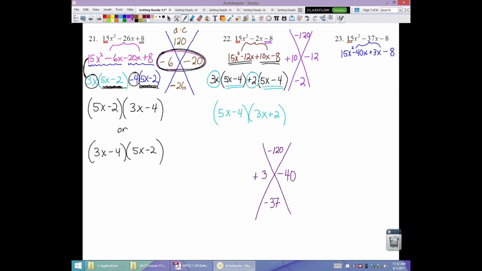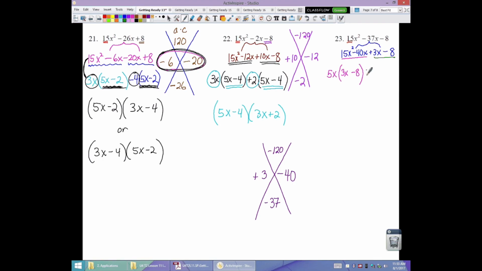What can I remove from 15x squared minus 40x? Well, both of those coefficients have a 5, or multiples of 5, and they each have an x. So 5x times something is 15x squared. That's 3x minus 8. Now, when I try to do that with the last two terms, 3x and negative 8 don't share anything other than a 1. We never list 1 as a GCF because 1 goes into everything.